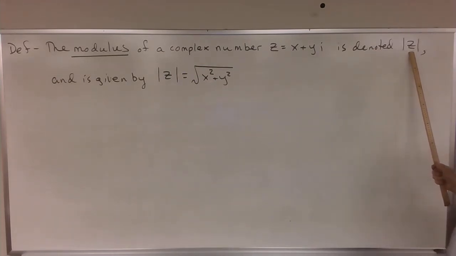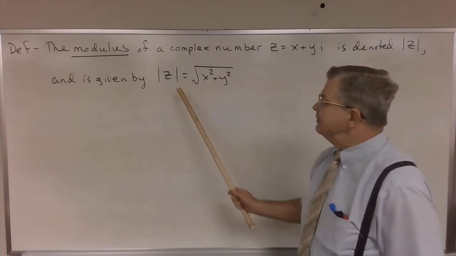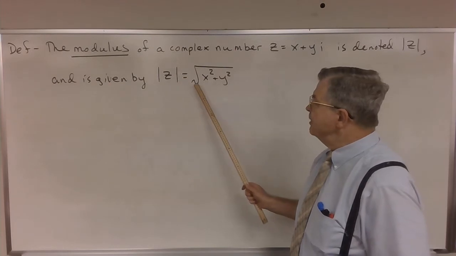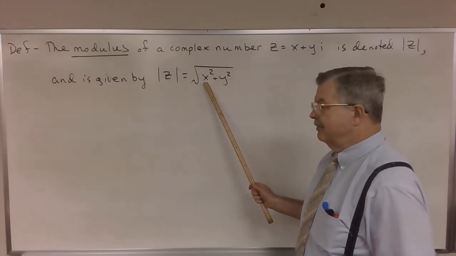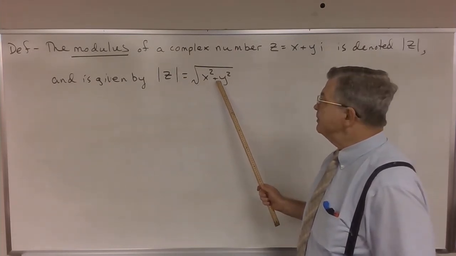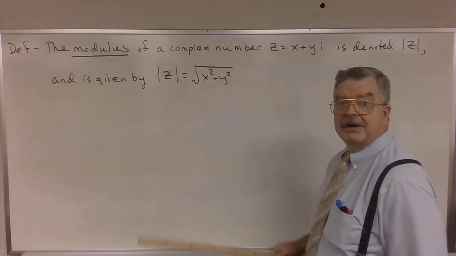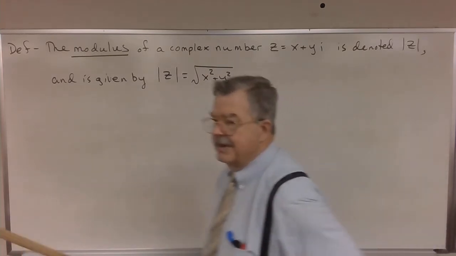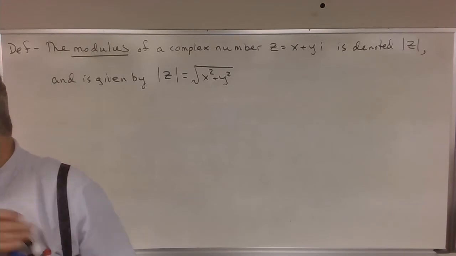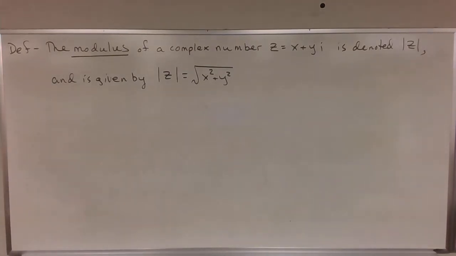It looks like absolute value of z. And the modulus of z is given this way. Square root of the real part squared plus the imaginary part squared. That's how we do it. And let's look at the graphical interpretation.